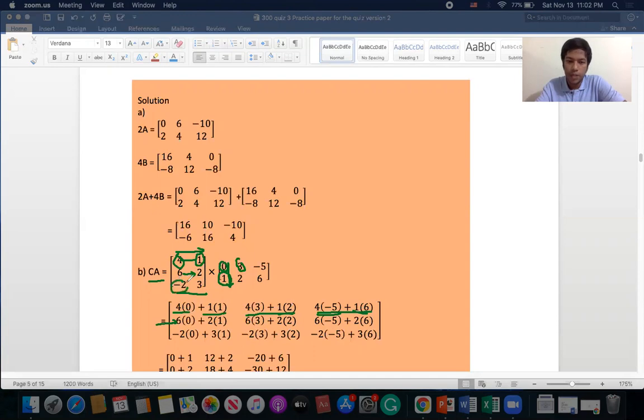So this is minus 2 into 0. We write it here. This is 3 into 1. We write it here. Then minus 2 into 3. We write it here. Then 3 into 2. We write it here. Then minus 2 into minus 5. We write it here. Then 3 into 6. We write it here. In between all of them plus.